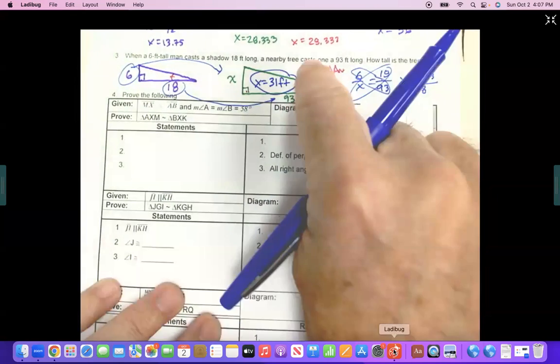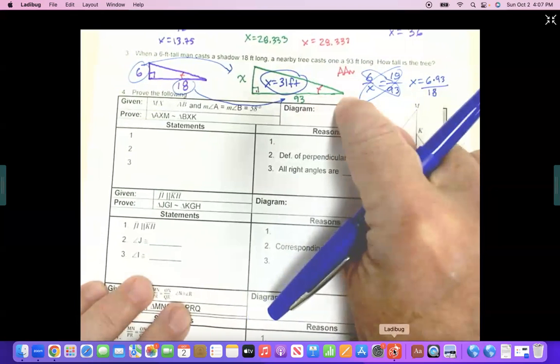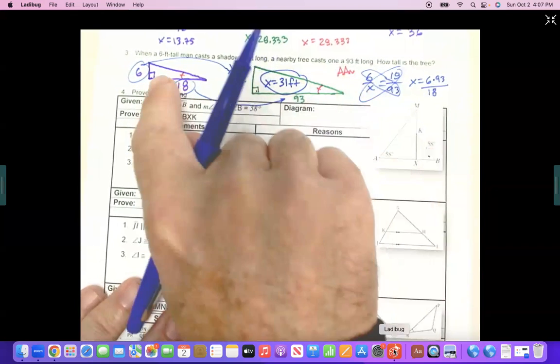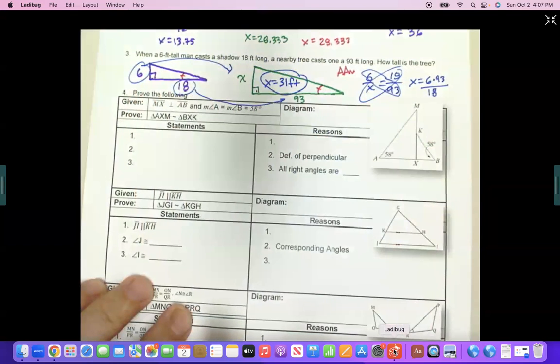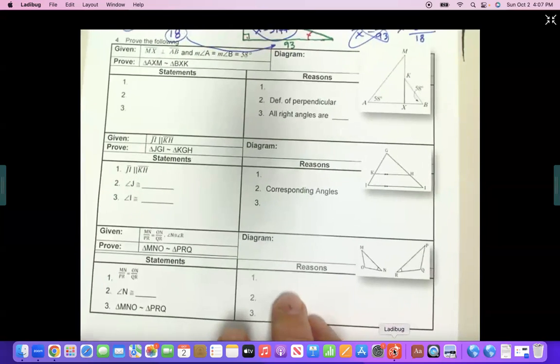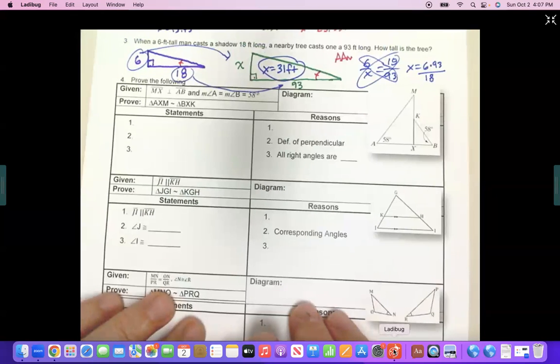A 31-foot tall tree will cast a shadow of 93 feet. At the same time, a 6-foot tall person casts a shadow of 18 feet. Nice little word problem that, again, you should kind of expect. This does show up on a ton of standardized tests too. And again, very, very common problem.